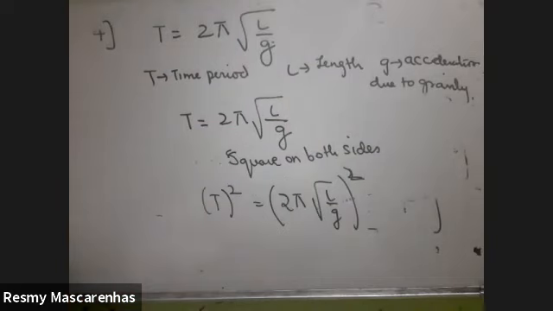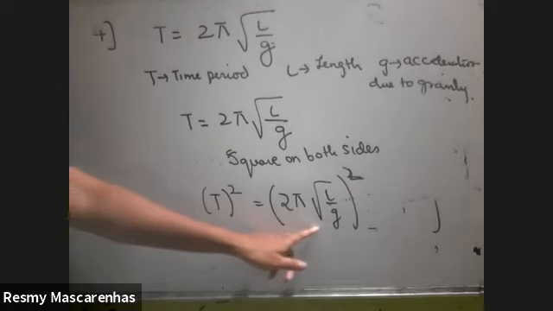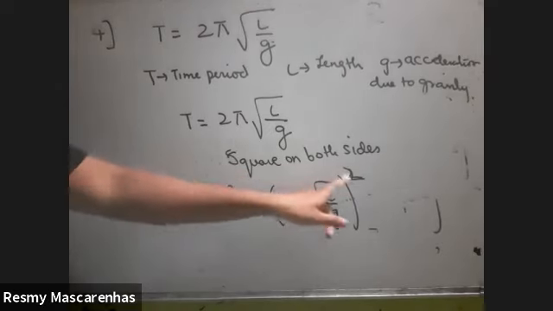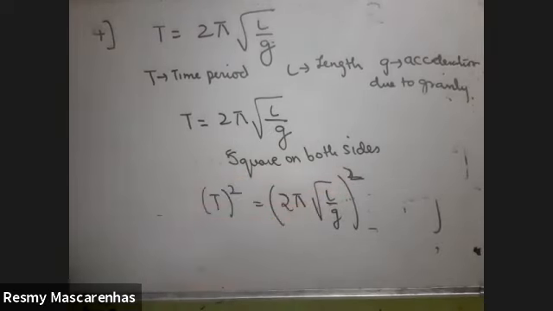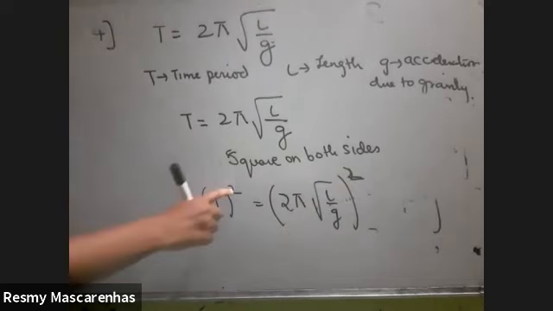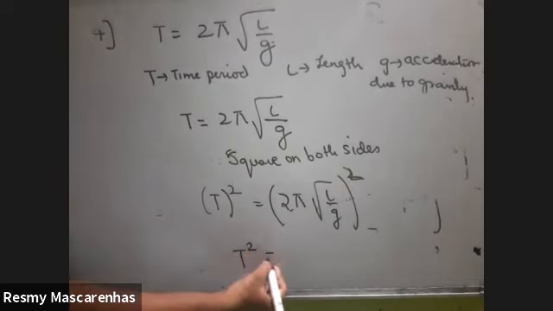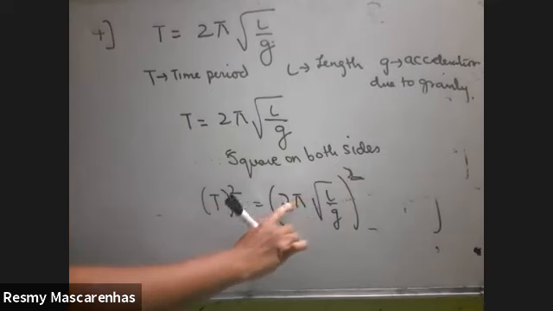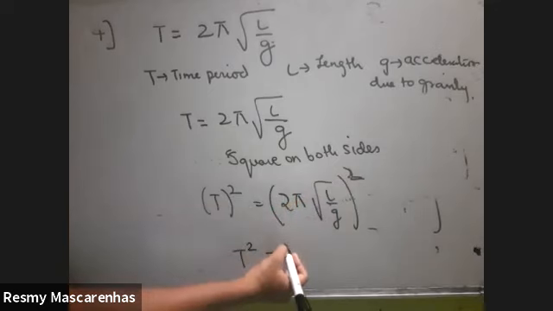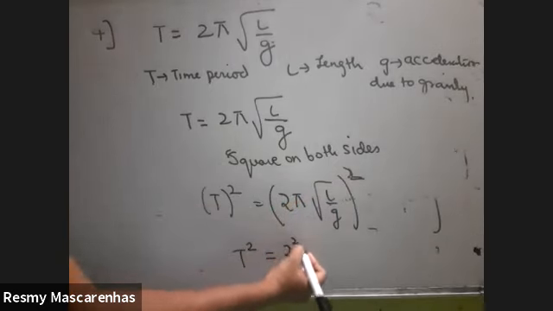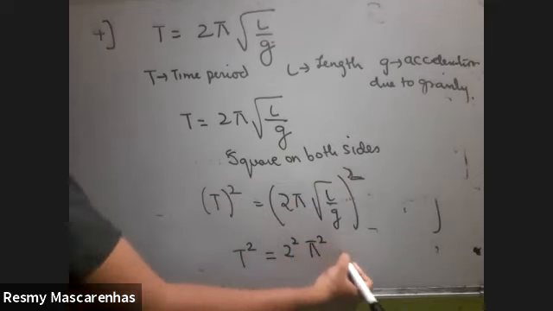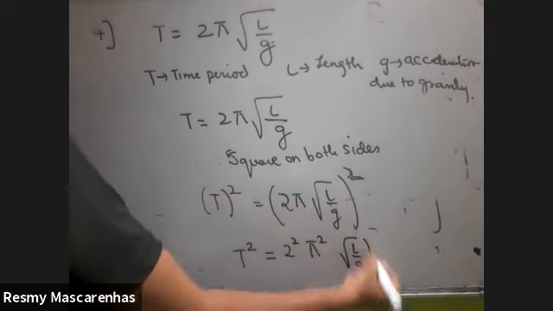Whenever there is a power and many terms are inside, the power belongs to every single term. So T, the whole square, will give me T square. Then 2 square, then pi square, then L upon g, the whole.